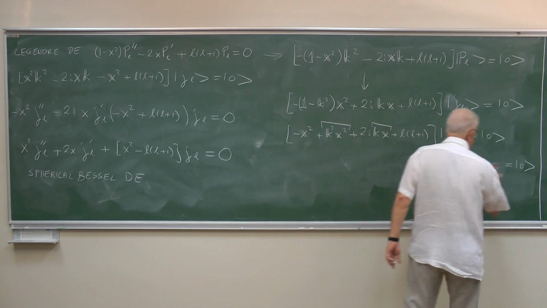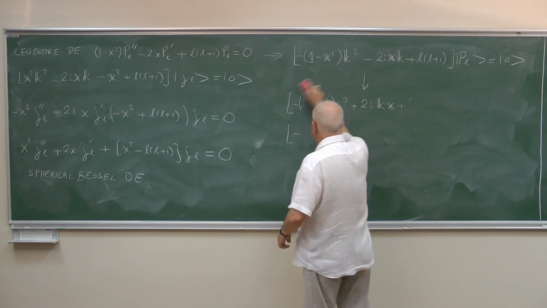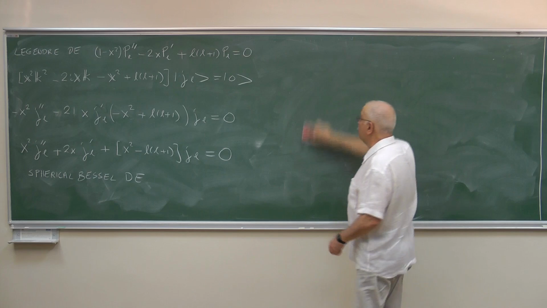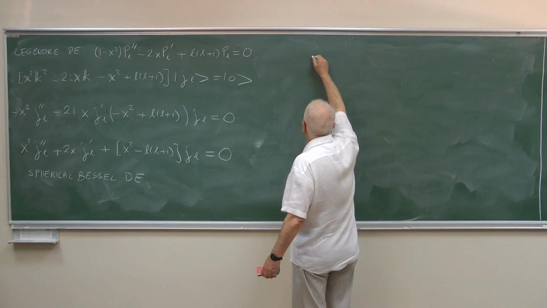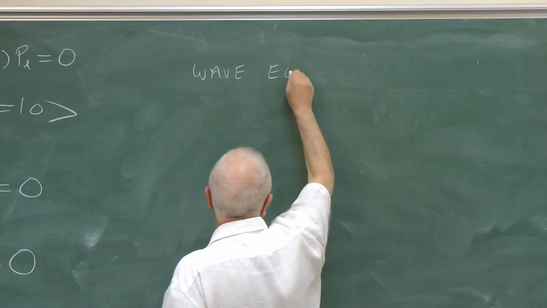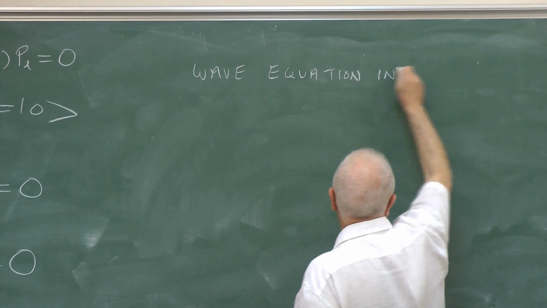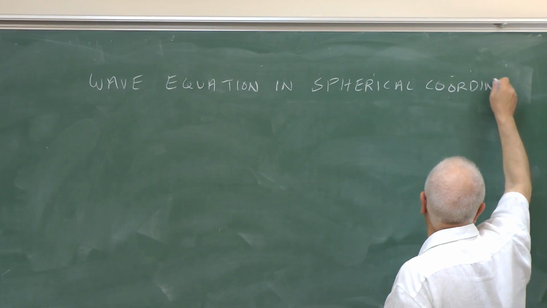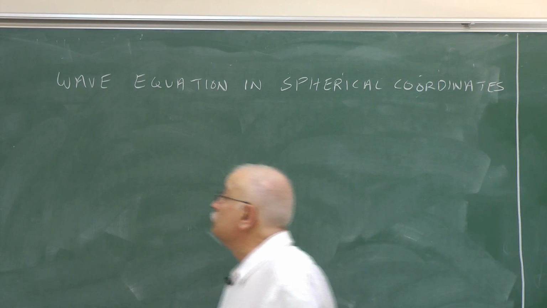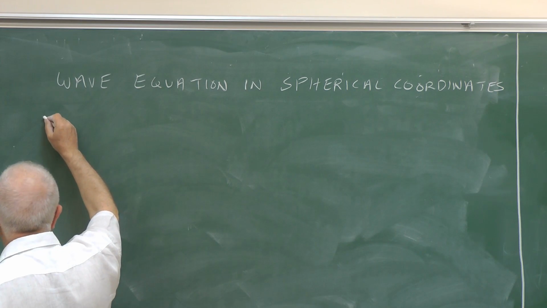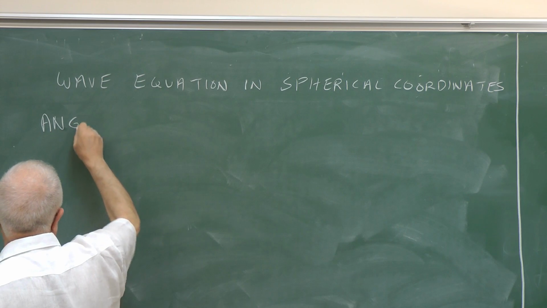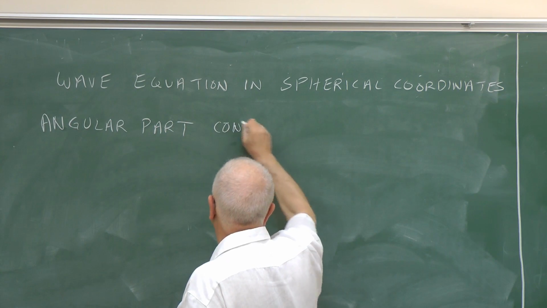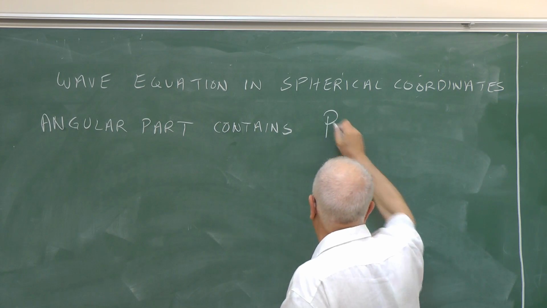Now, one thing to think about, and I don't know the answer to this myself, is this: if in spherical coordinates you solve the wave equation, in spherical coordinates, the angular part contains P_L.